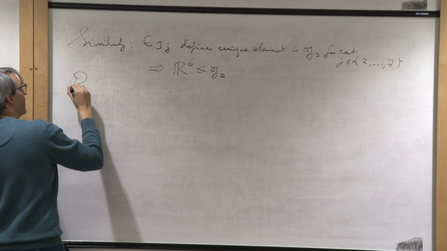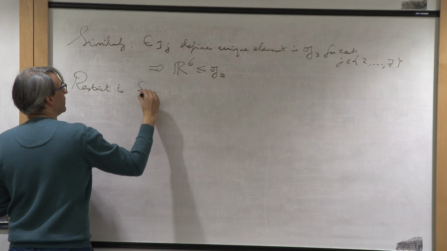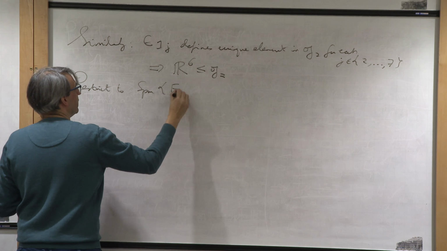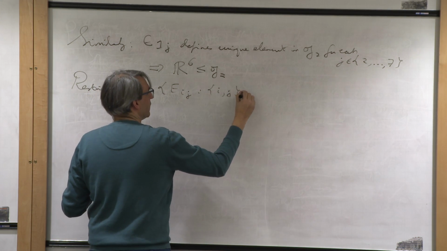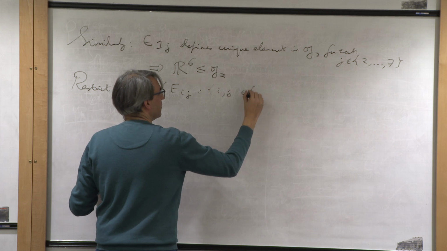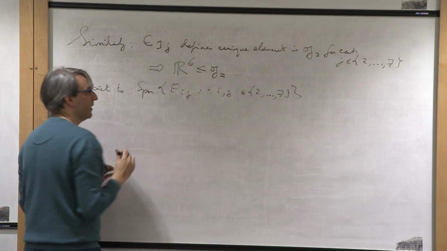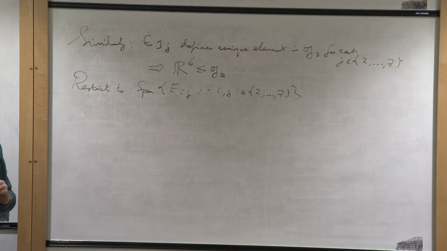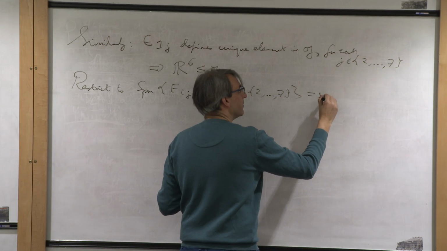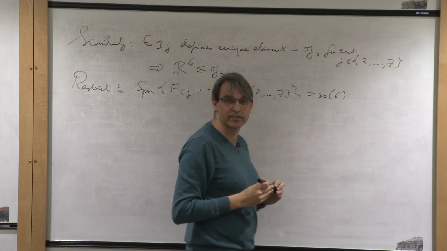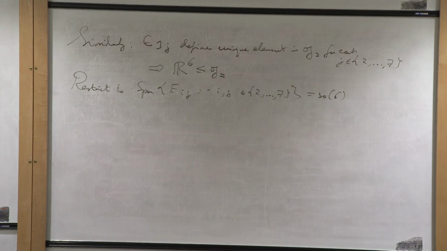So then I can restrict to the span of the Eij such that i and j are in 2 up to 7. Because I've got rid of all the ones with a 1 in them. But what is this? That's SO6. And I know that SO6 intersect G2 is SU3.